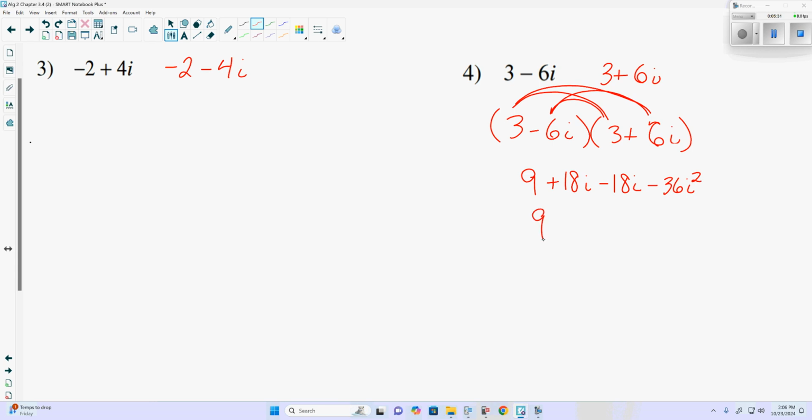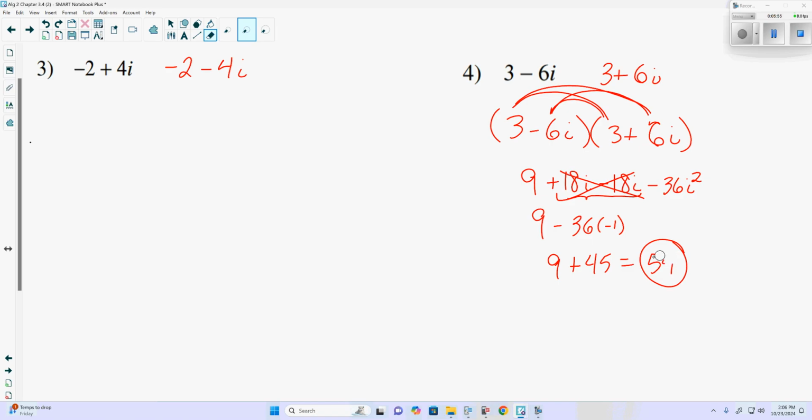So we still have the 9. Our 18i minus 18i is 0. Minus 36, well, i squared is negative 1. Negative 36 times negative 1 would make it positive 36. I think my brain got ahead of itself.